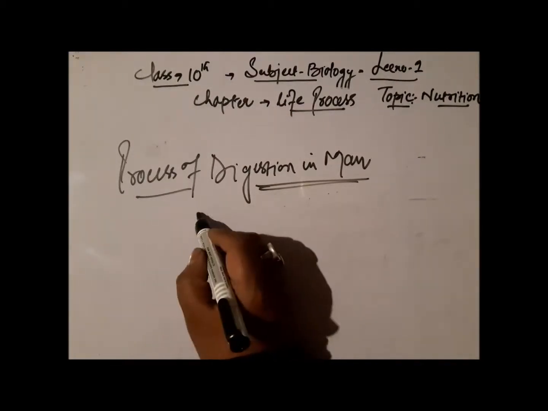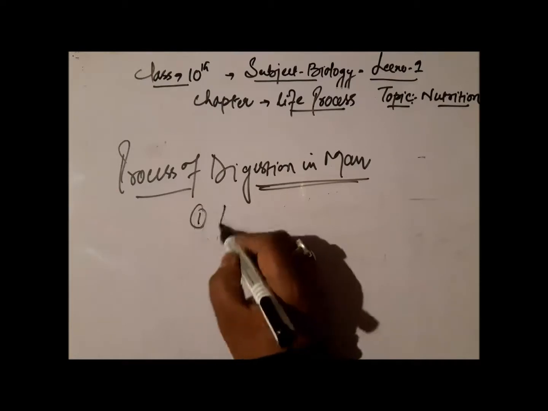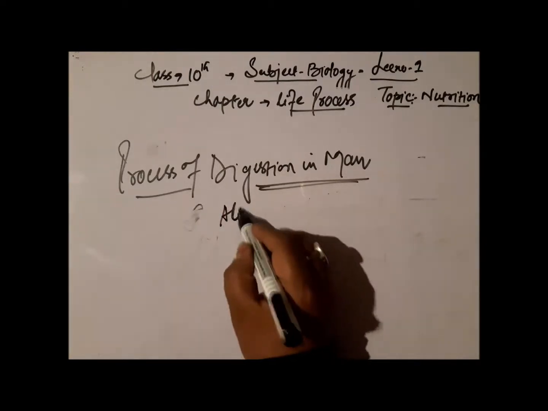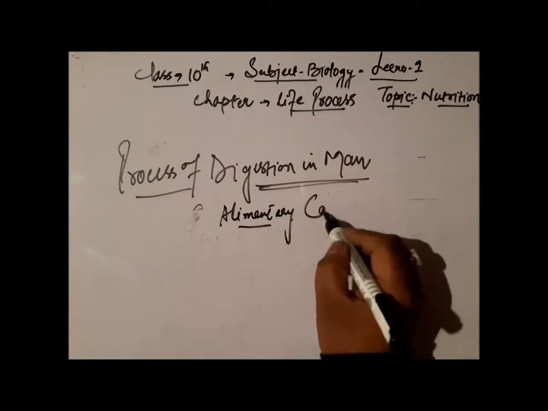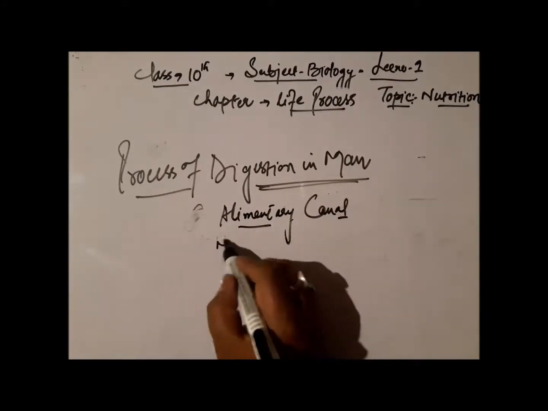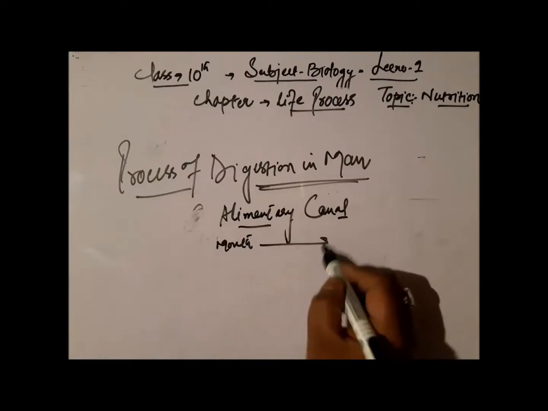Now the process of digestion in man involves the alimentary canal, which starts from the mouth and ends at the anus.